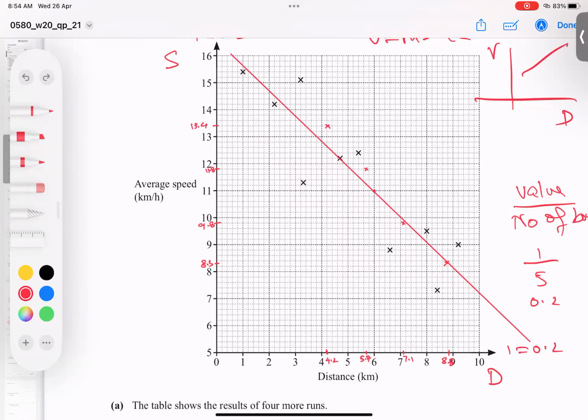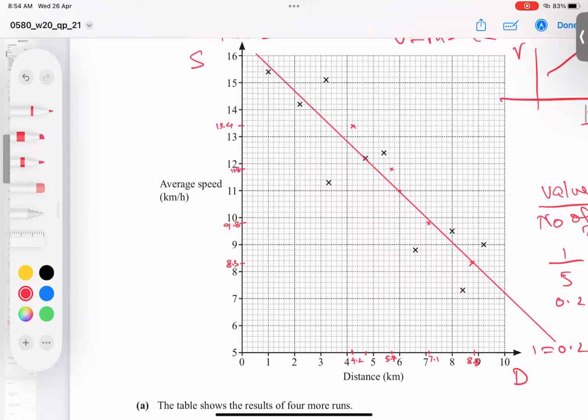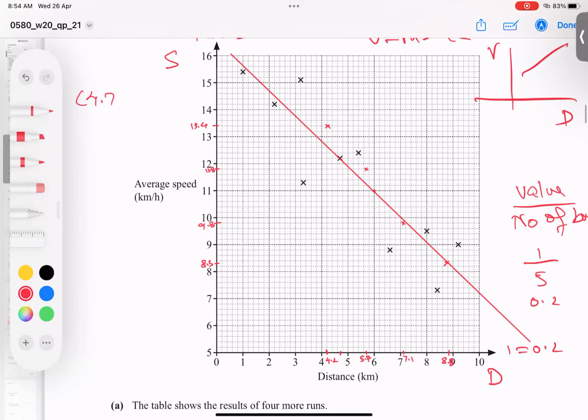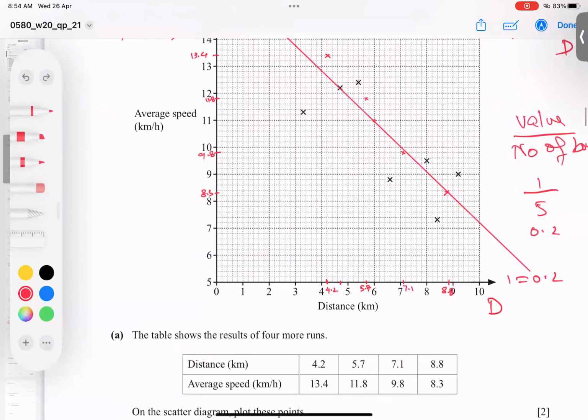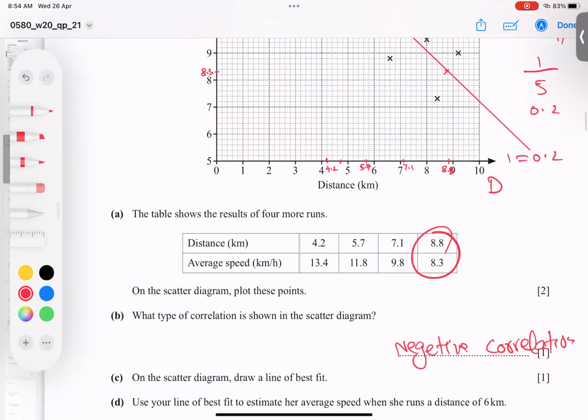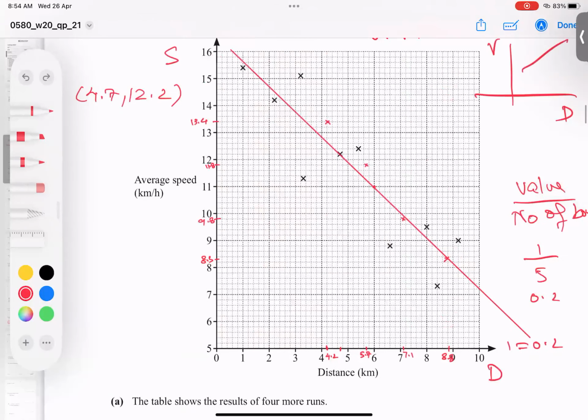This is coming 4.7. And what is the y value? 12.2. One point is done. Second, this point. I think I took 8.8 and 8.3. Now you know very well how to find the gradient.